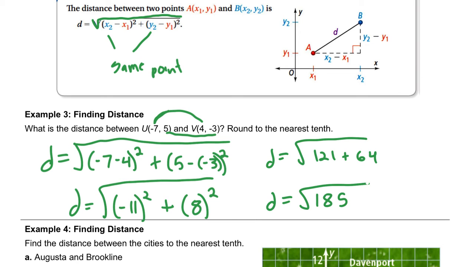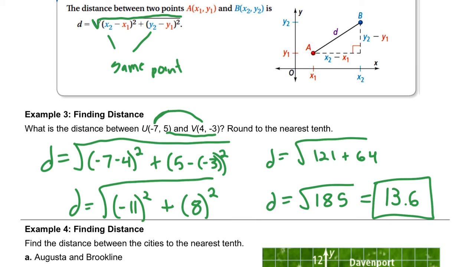And I know that I said round to the nearest tenth. So this is a case where you're going to absolutely have to use your calculator to find this and then round it. So you're going to take 185, determine the square root of that. It's 13.60. So to the nearest tenth, that would be 13.6.